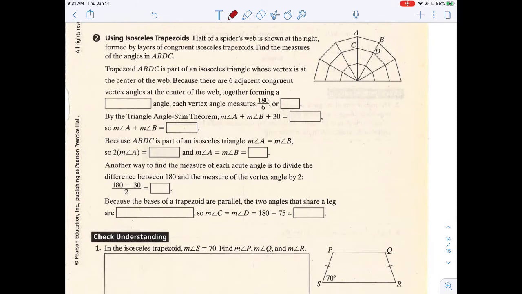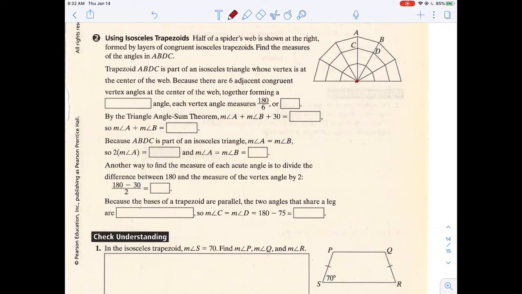It says half a spider's web is shown to the right, formed by layers of congruent isosceles trapezoids. Find the measures of the angles A, B, C, and D. So trapezoid ABCD is part of the isosceles triangle whose vertex is at the center of the web. So this is the vertex.